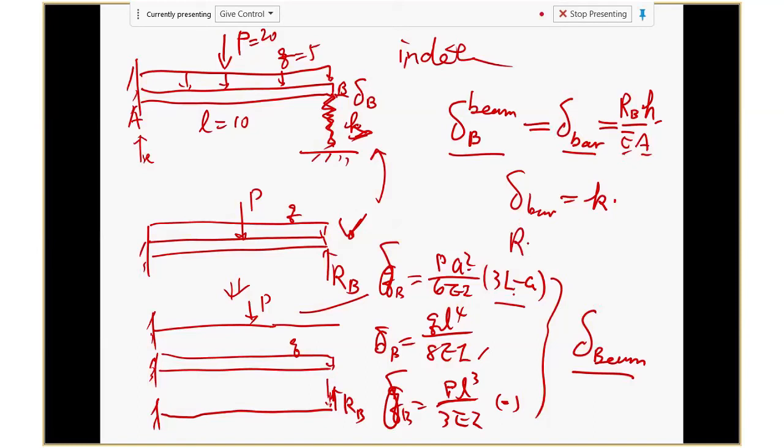Let me put it this way. What's the force in the spring? It's RB. And what's the deformation of the spring? That's the delta bar. What's the relation between them? K. That's it. So therefore, this one is supposed to be RB over K.